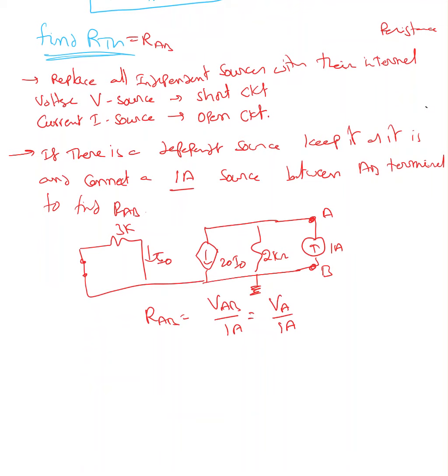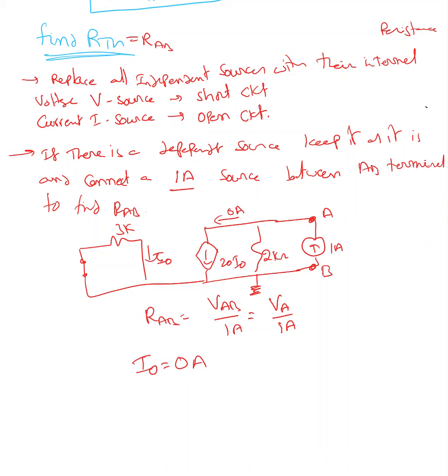Now what is I0 in this case? Since there is no source connected to the 3 kilo ohm resistor, for sure my I0 equals 0 ampere. So the dependent source is not producing any current at all. That means the current going through here is 0 ampere. So whatever the 1 ampere is, it is going to go over the 2 kilo ohm.